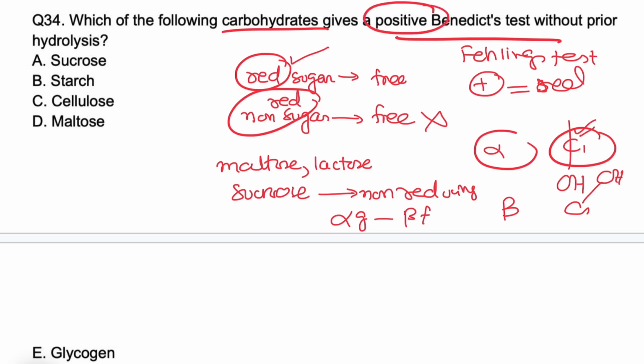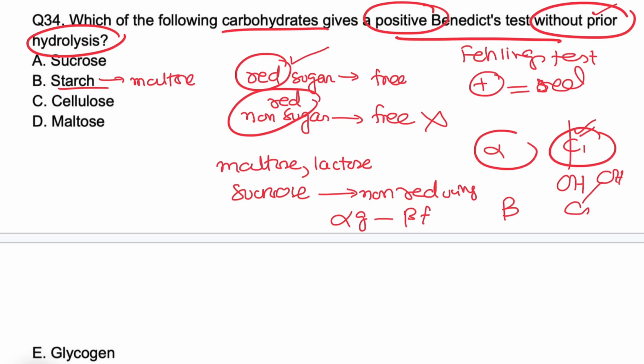So the question asks which of these gives a positive Benedict test without prior hydrolysis. Hydrolysis means breaking the bond. For example, if you break down starch, you are going to get the disaccharide maltose. That's where you did hydrolysis. But it says you don't have to do hydrolysis.